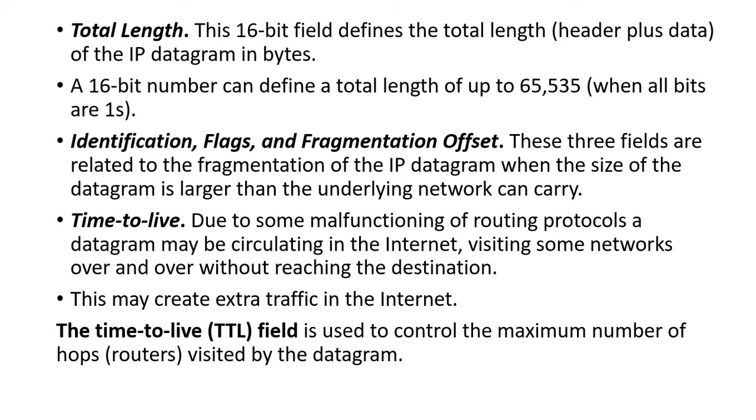The time to live field helps us to have a proper hop count when it is moving towards the destination, crossing many routers or nodes in the network. That is why we say that the time to live field is used to control the maximum number of hops visited by the datagram.